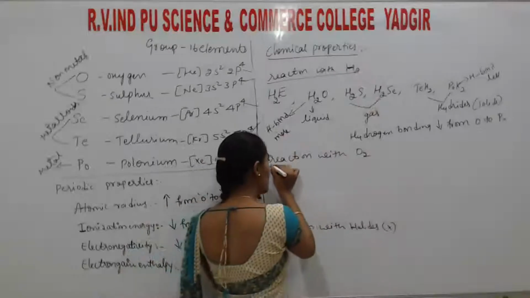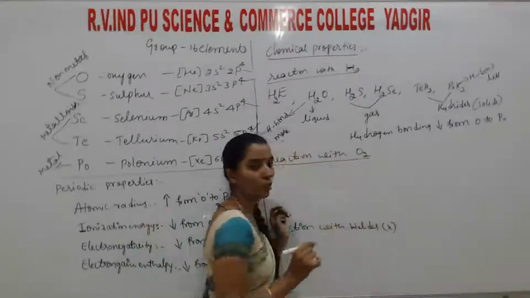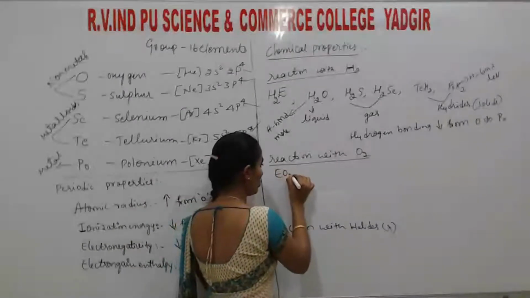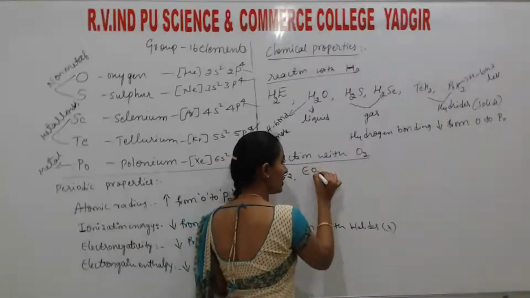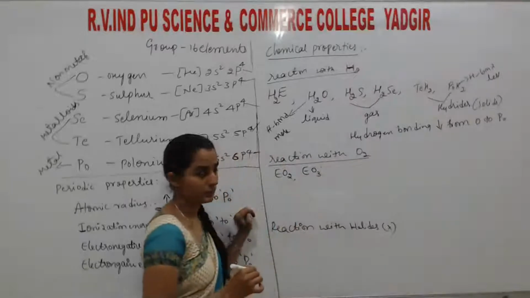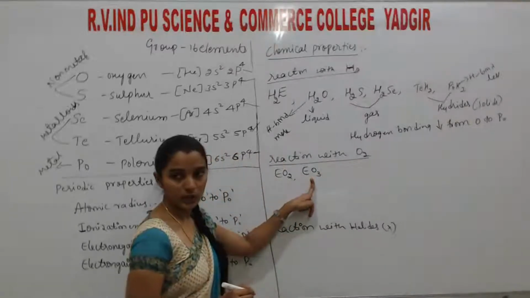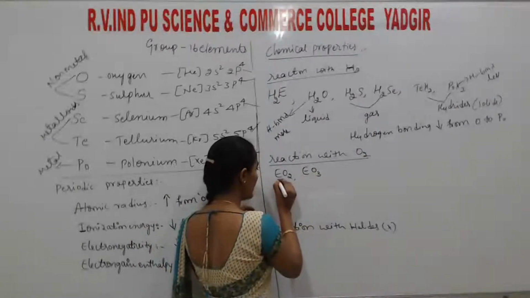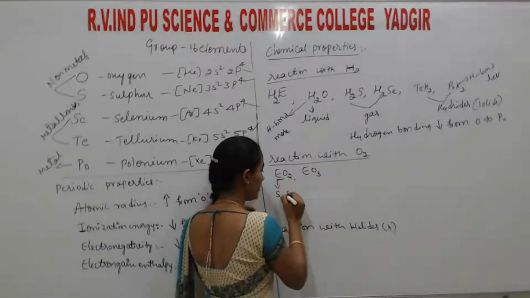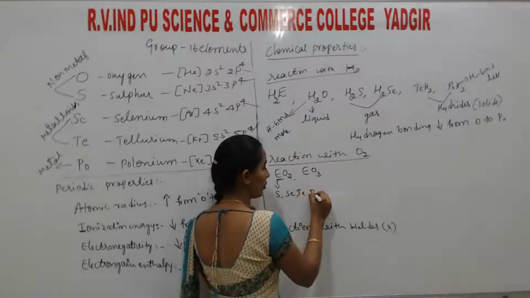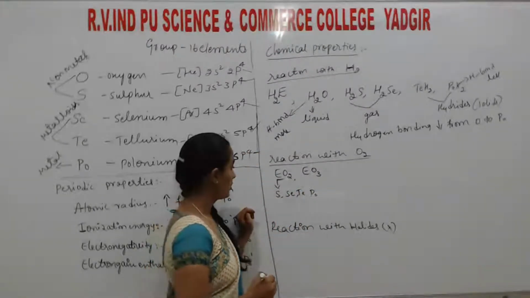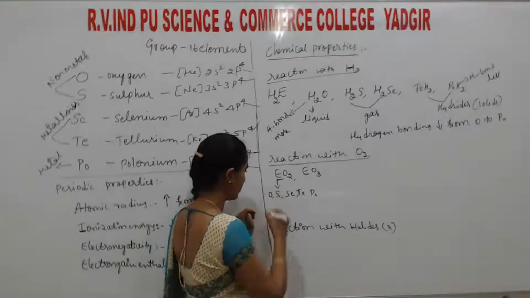Next, listen students. Reaction with O2. They form EO2 and EO3 type compounds. In EO2, this E is sulfur, selenium, tellurium, polonium, and oxygen also.